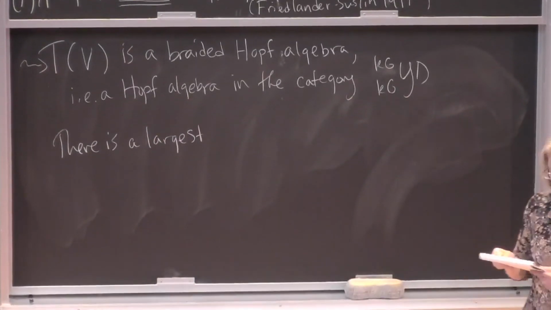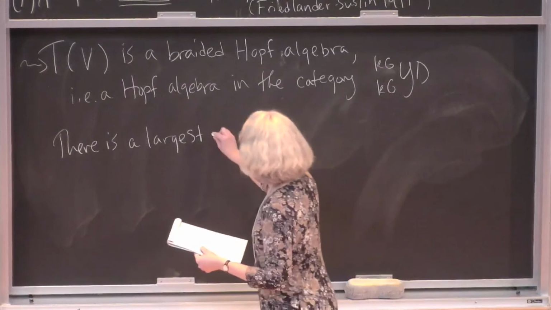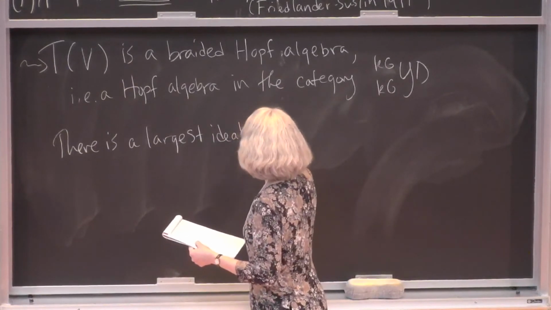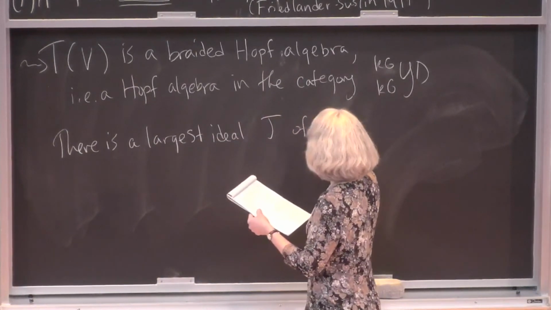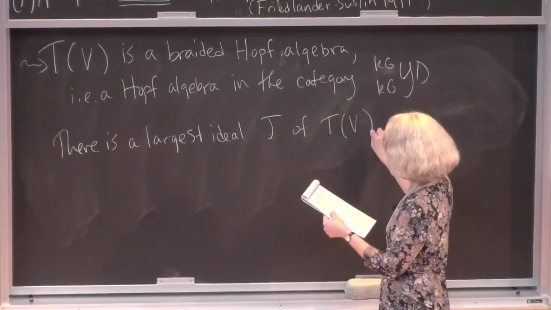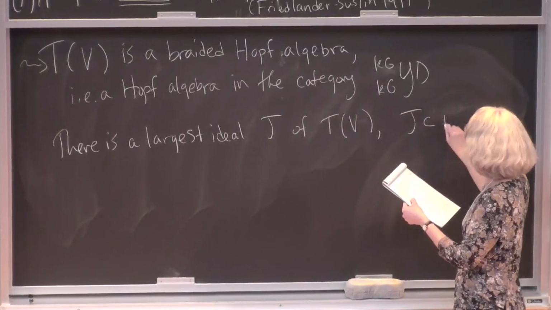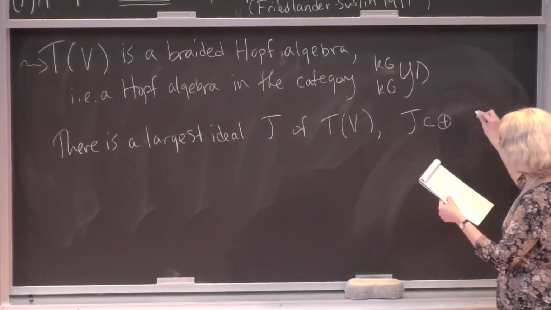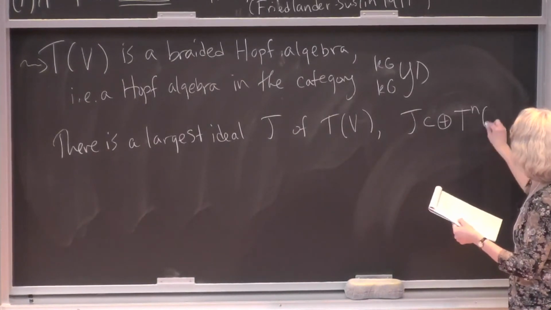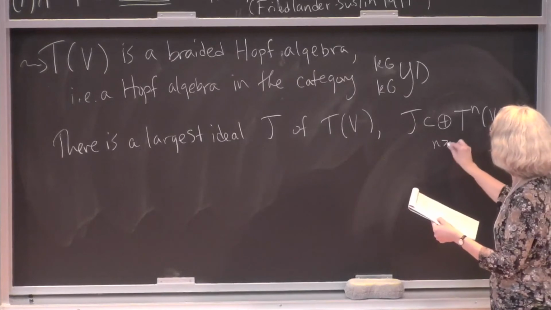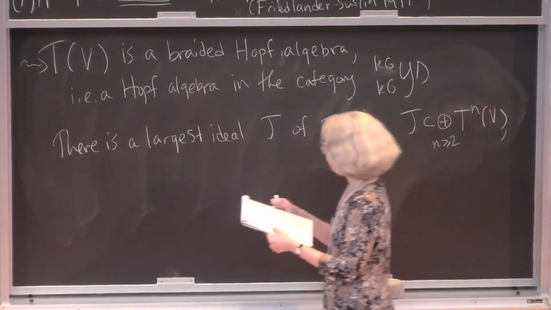So it turns out that there's a largest ideal, we call it J, of the tensor algebra, generated in degree 2 or higher, that is also a co-ideal.